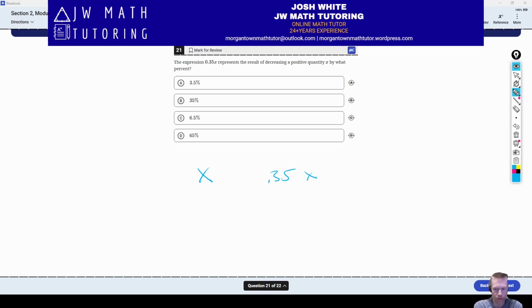Okay? So basically, let's think about it like this. I start with x, I subtract something from it, and I end up with 0.35x. So this y right here is representing the percent that I'm subtracting away from x to end up at the 0.35x. In other words, this y is my answer really.